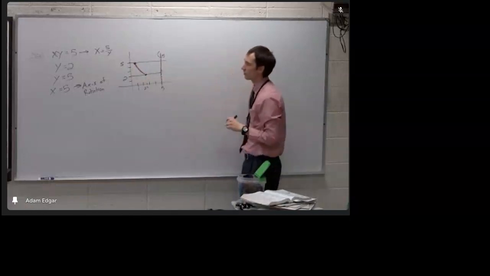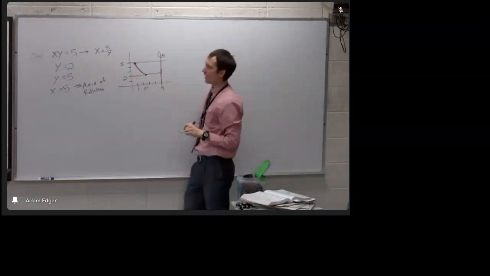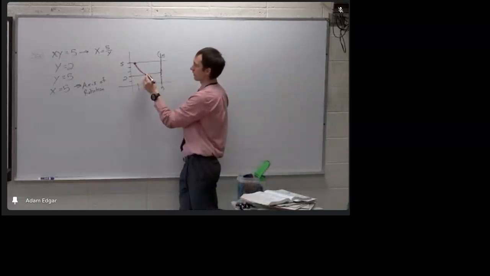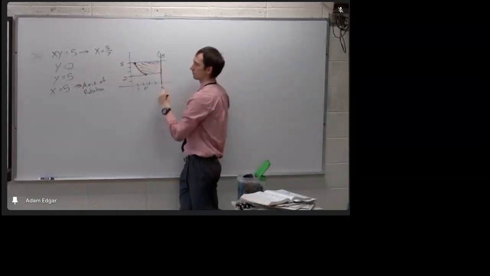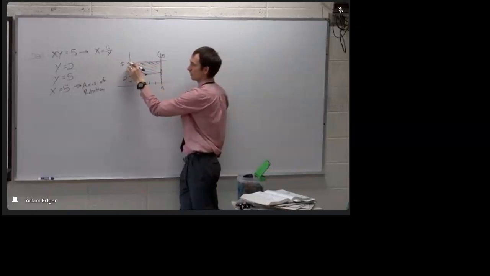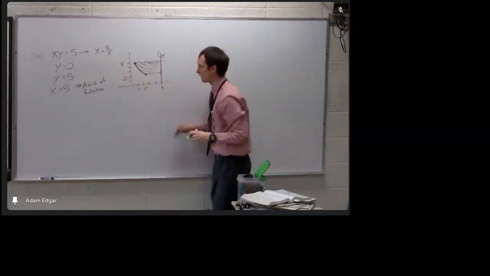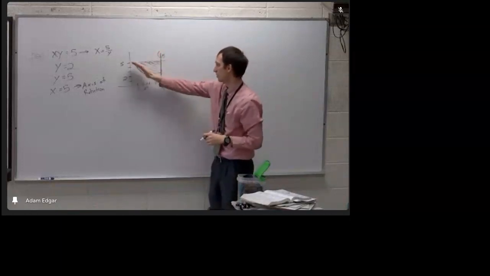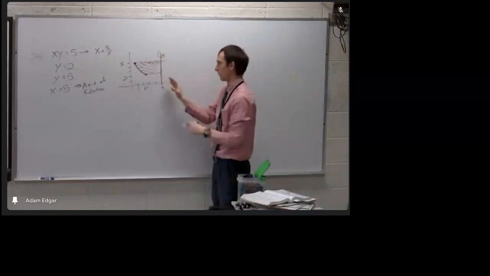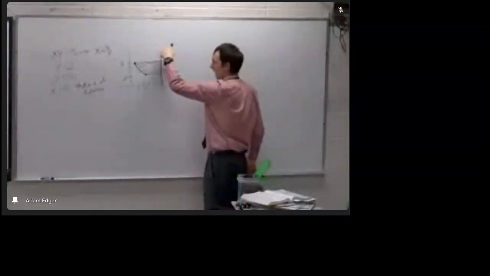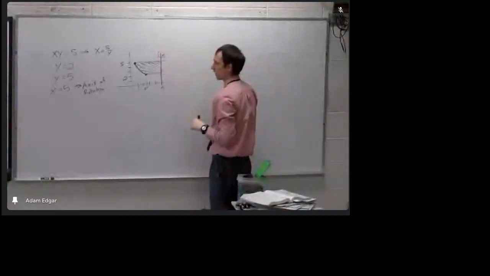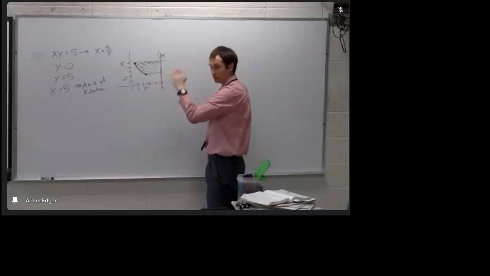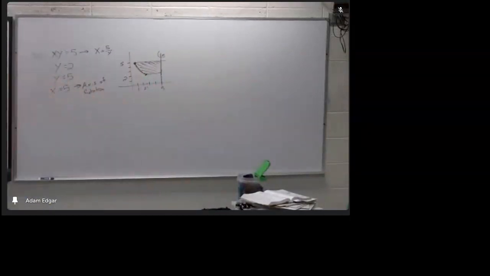And you can draw that. And then it's this region here. So we don't need this stuff out here, because we want to be in between y equals 2 and y equals 5 and this curve and the line x equals 5. So that's the region, and then we're going to rotate it about this line, x equals 5. Any questions with setting that up? Just the picture and making sense of that.